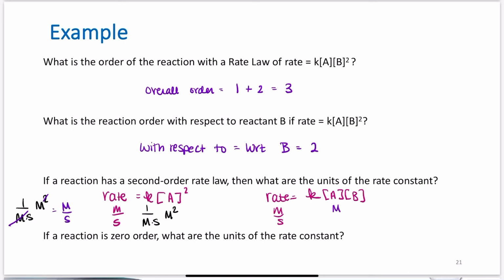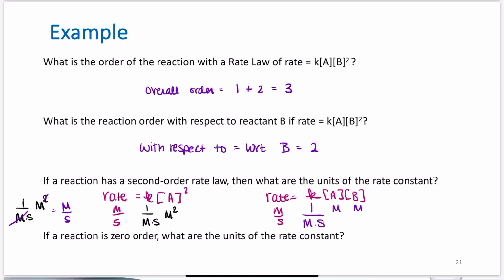I see the same thing here. This is molar, this is molar. I need 1 over molar seconds so that my molar and molar cancel out. I'm left with molar per second for my rate. So the units on your K constant can change, but you need to make them match because the rate always, no exceptions, has the units molar per second.